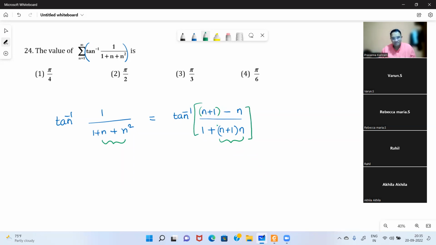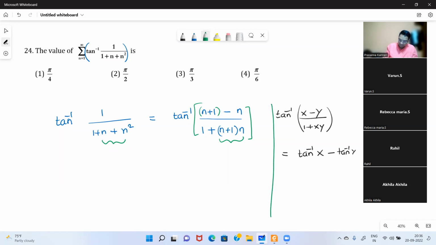Sir, it's in the form of tan inverse x minus tan inverse y. Exactly. So this is looking like tan inverse of x minus y divided by 1 plus xy, which is tan inverse x minus tan inverse y. So what is x here? N plus 1.